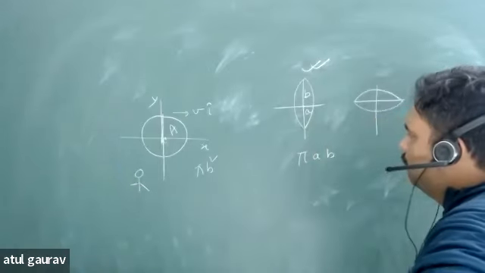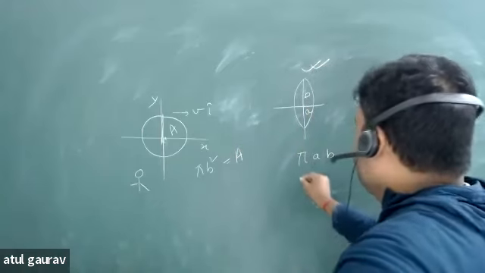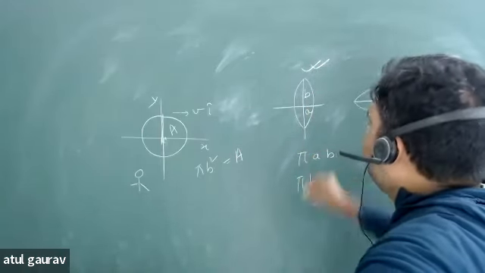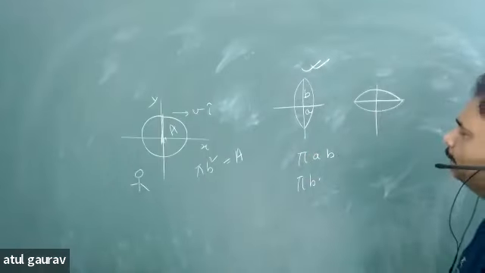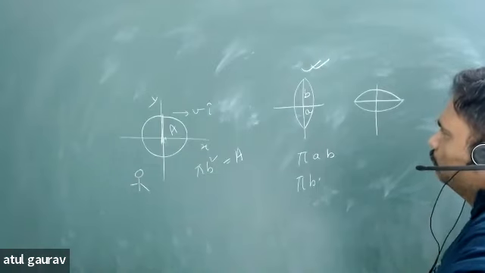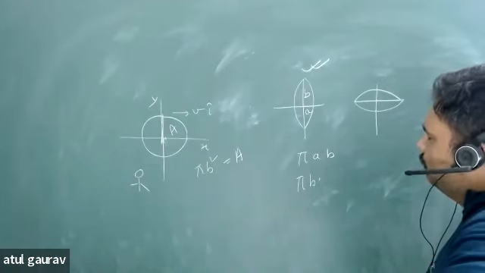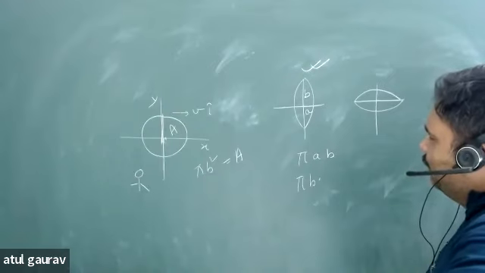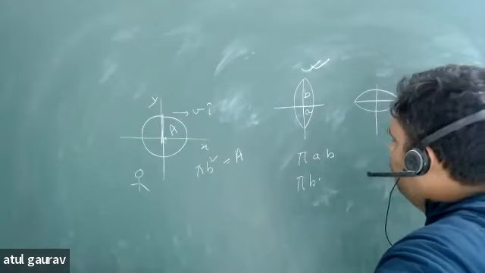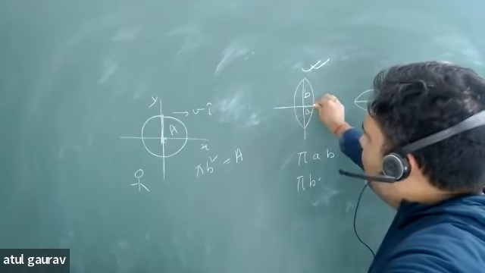Yes? So this will be your A. So you can write pi b. Now can anyone tell what will be A here? L. Where did L come from? B into root under 1 minus v square upon c square. Exactly. So this A is just going to contract.